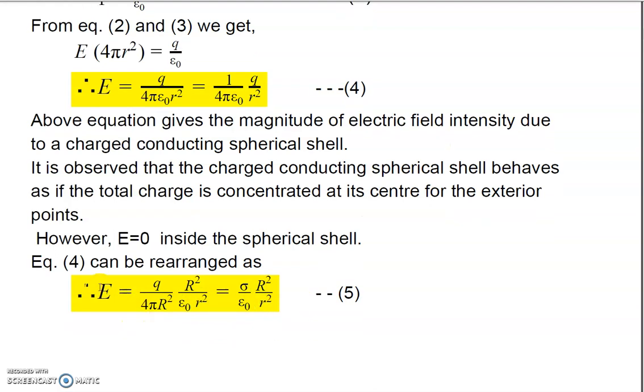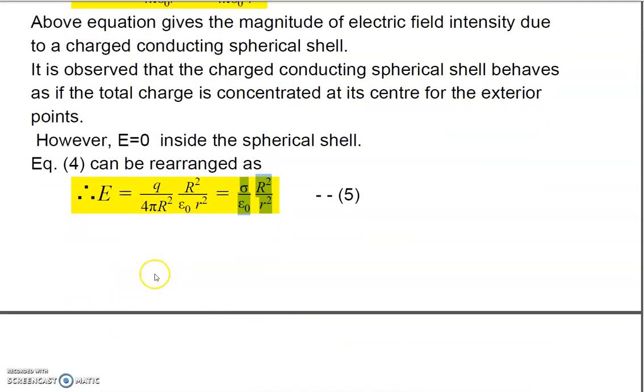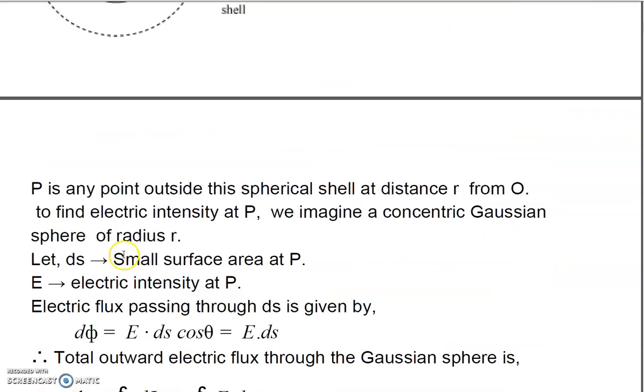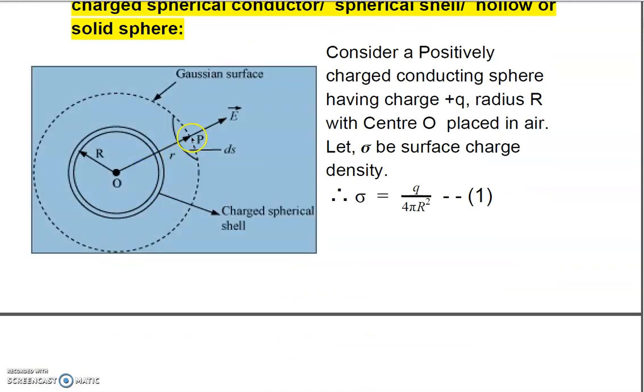This is the electric field intensity equation. E is equal to sigma upon epsilon 0 into capital R squared by small r squared, in terms of surface charge density. If I have my point P just outside the conductor, that means this point P is just over here on the surface or just outside the surface.